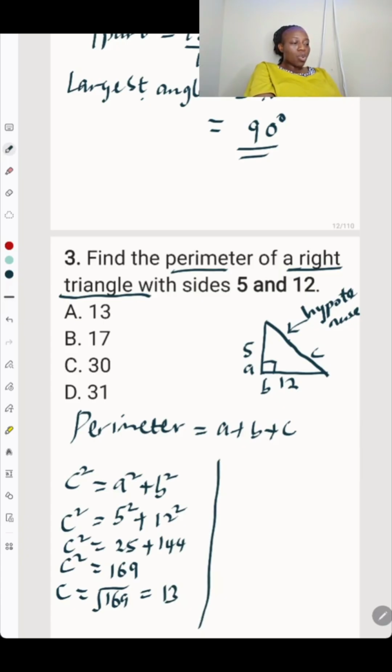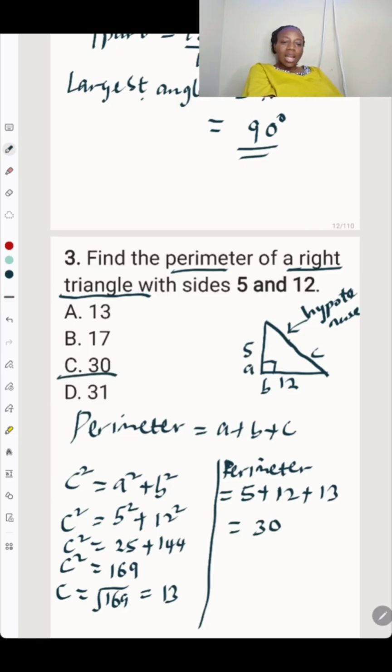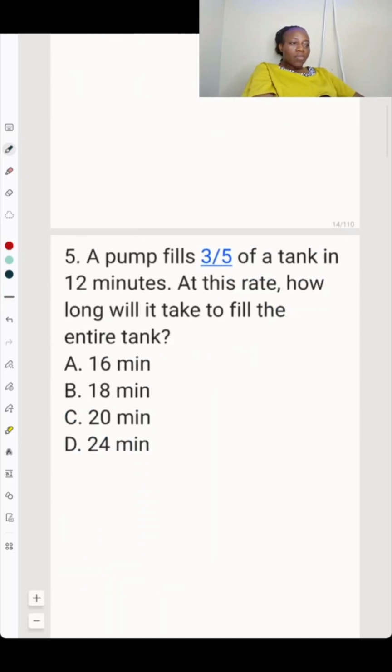Perimeter will be equal to 5 plus 12 plus 13, because perimeter has to do with addition of all the sides. So 12 plus 13 is 25, plus 5 is 30. So our answer is C.